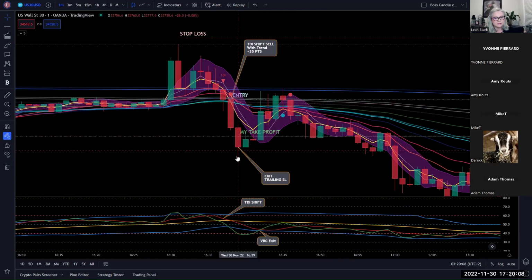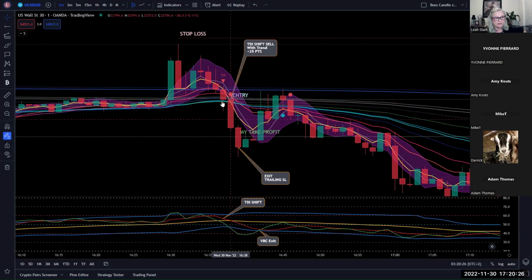If you're trailing this and you're following your plan, if trailing your stop loss is part of your plan, then you would just be following your rules and you would have been taken out already. By the time this candle that caused all the fear and the volatility painted, you were already out.